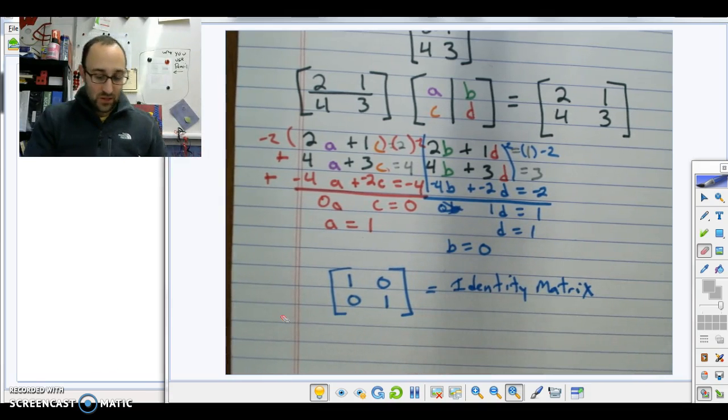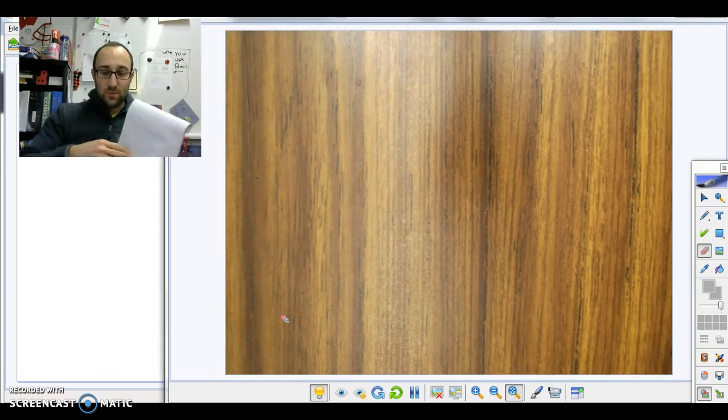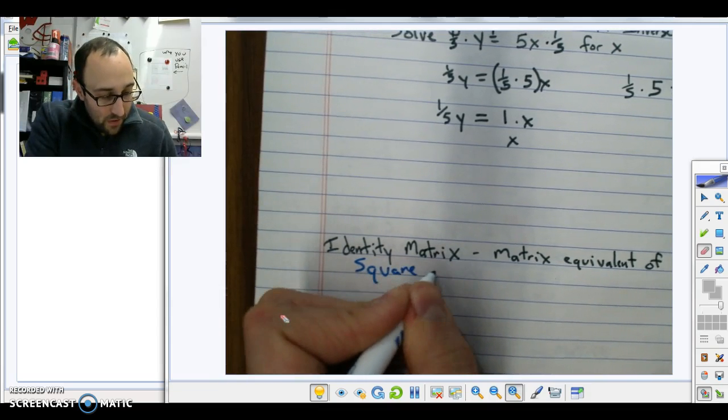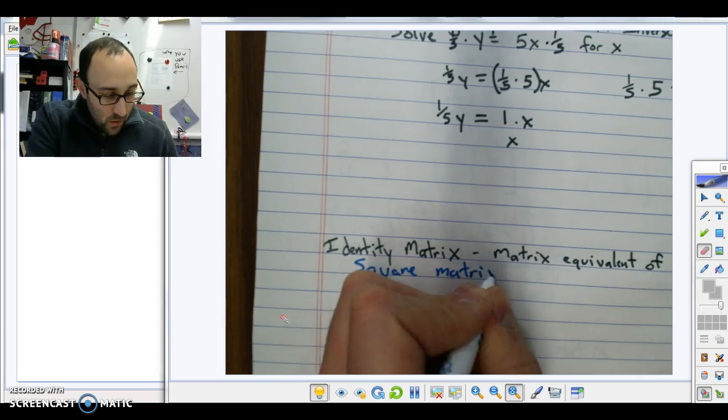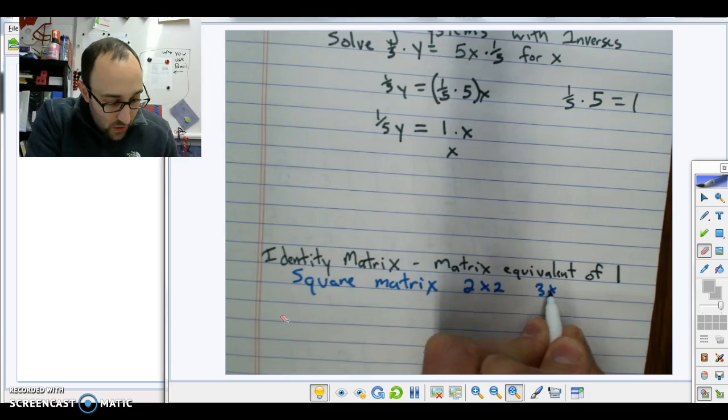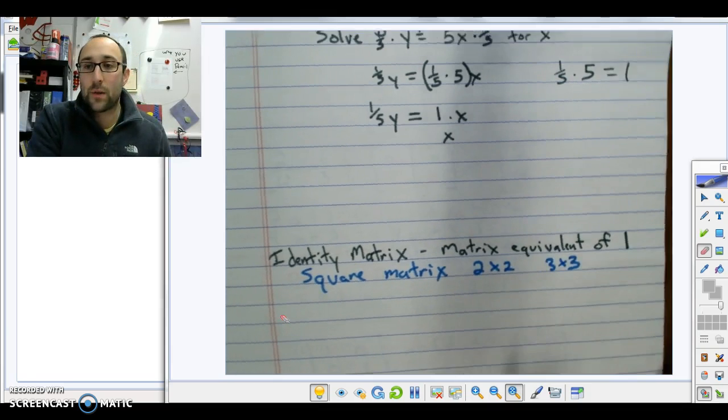Alright, so now let's get that definition for identity matrix. It is right here. It is a square matrix. And when I say square matrix, that means it's got to be a 2 by 2 or a 3 by 3, as long as the rows and columns match up.